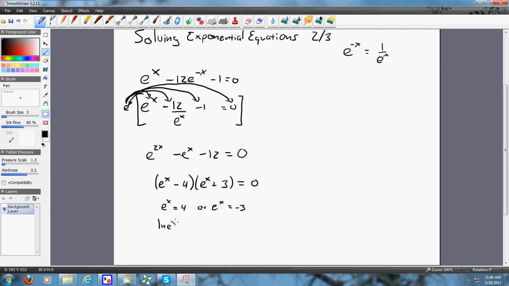Take the natural log of both sides, and like the last example, we can see right away that the second is not going to work because you can't have that. So I'm going to ignore that altogether. So x equals the natural log of 4. And that's it. And so you have one solution.